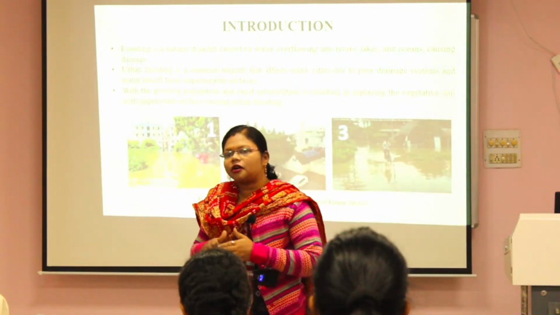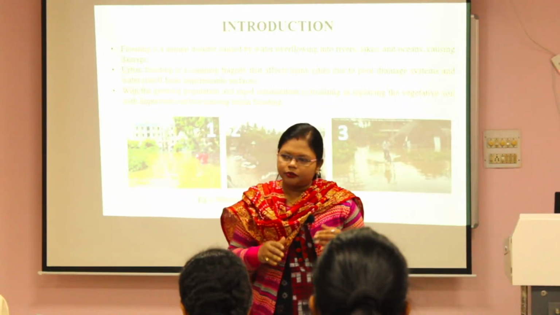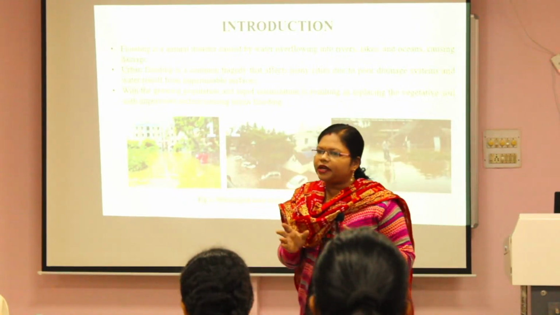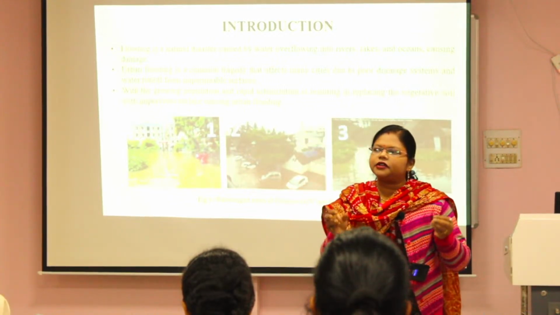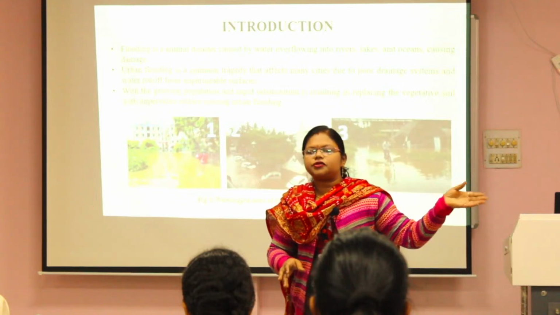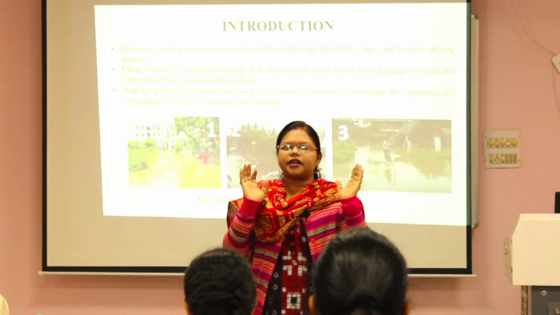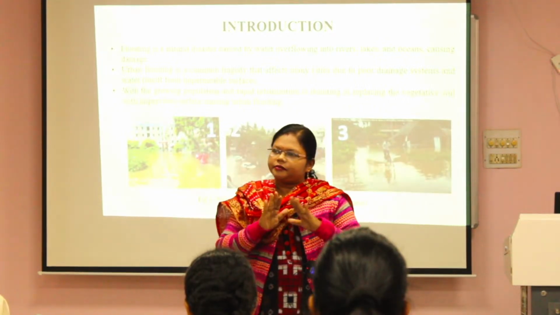But in case of urban flood, what happens? There is a lack of drainage system because of impermeable structures: buildings, offices, everything. If you see Bhubaneswar's situation over the last 20 years and now, the environment is very different.